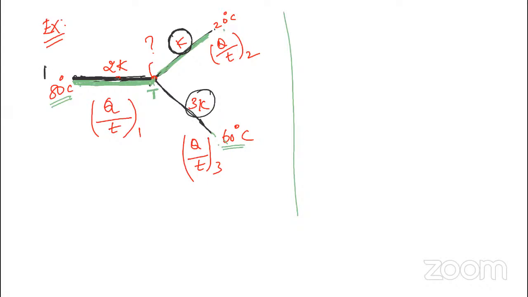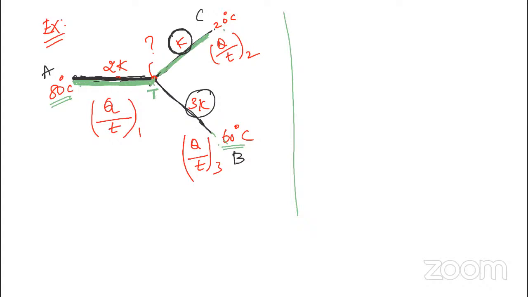Here it is A, and here it is B, and here it is C rod. Okay, which rod has the higher amount of rate of flow of heat? For which rod will it be higher, which rod?